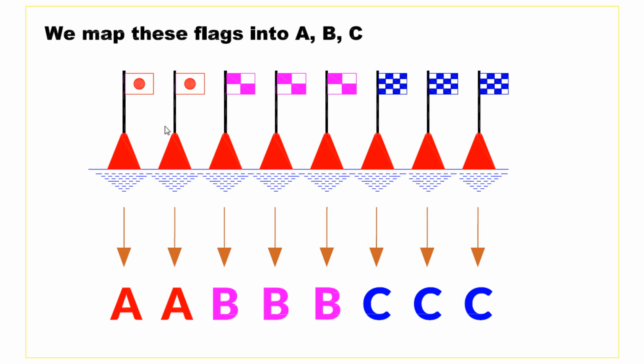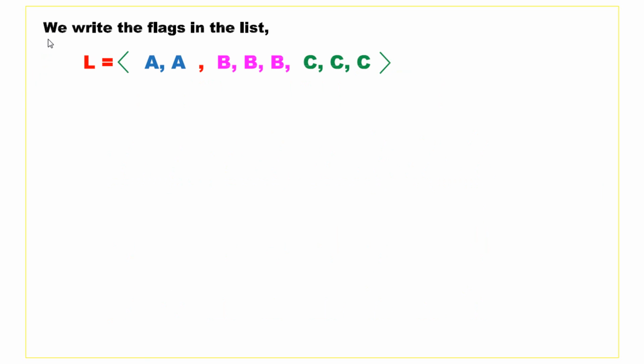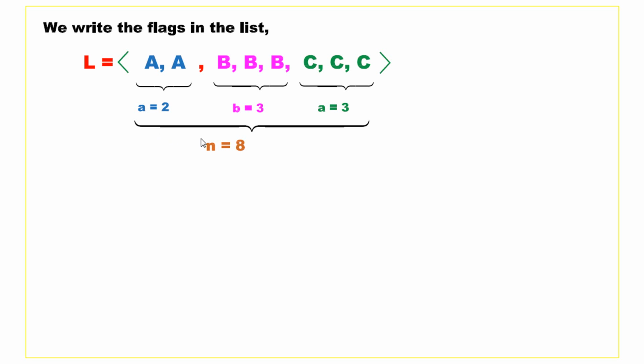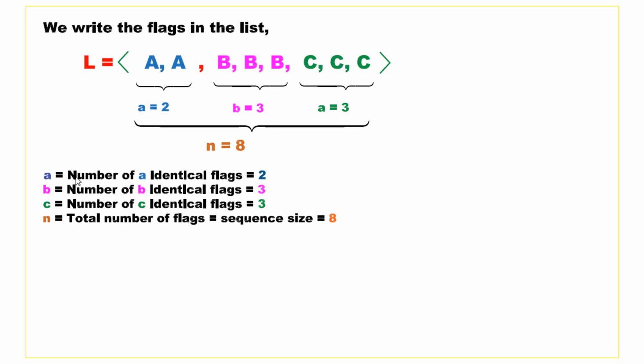Now for each ordered arrangement of these flags, we have a corresponding ordered word. After that, we write the flags in this ordered list as we see here. So we have 2 identical A's, 3 identical B's, and 3 identical C's. And the total is 8.